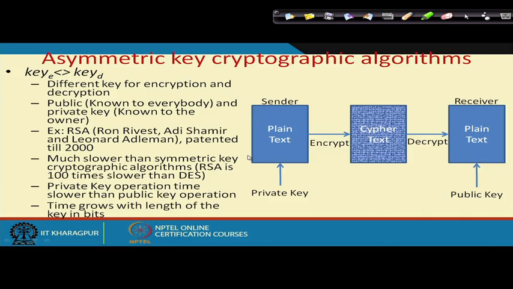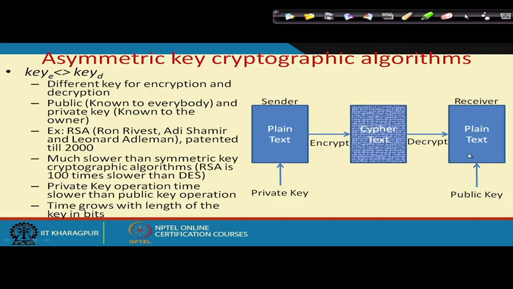So, if my plain text is encrypted with my private key, which is known to me, and I send it over the internet, whoever has my public key can decrypt it. Or if somebody has my public key and encrypts the data with it, then when it comes back to me, I can only decrypt it using my private key.